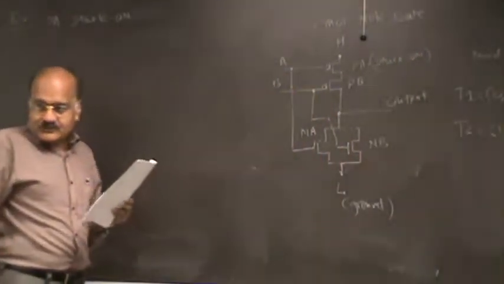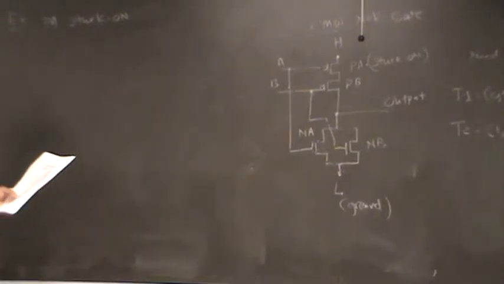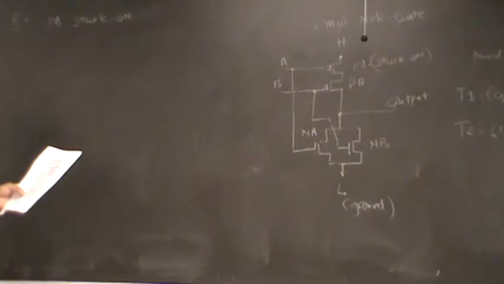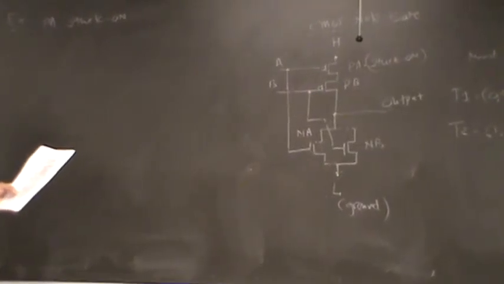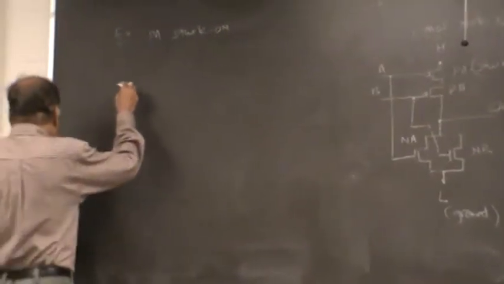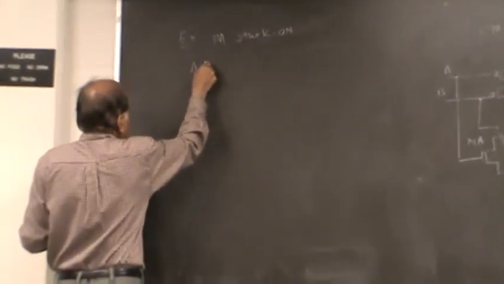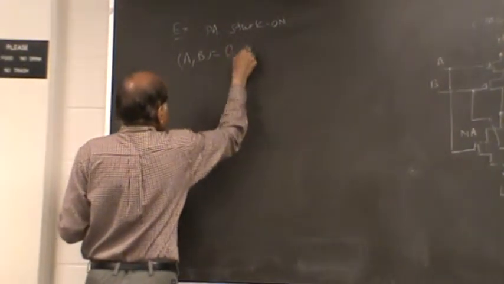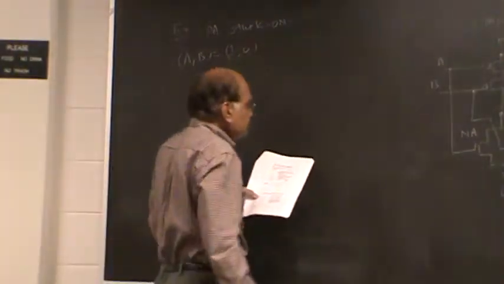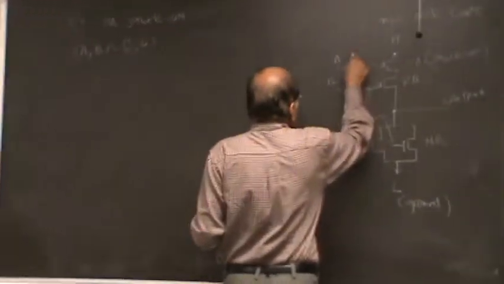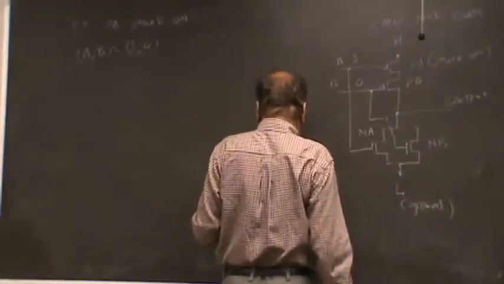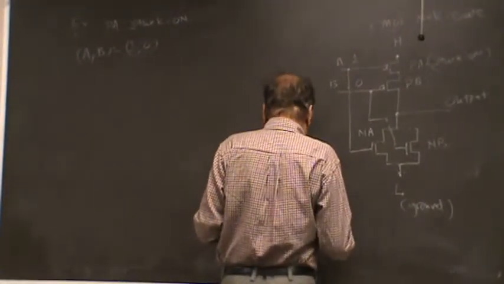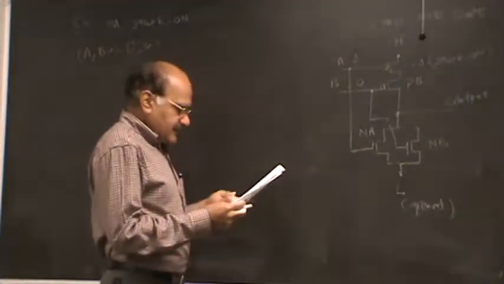How can we test for this fault? Again, if it is stuck on, you have to apply something different. So you could apply AB equal to 1, 0. So this is 1, and this is 0. Now, what will that do?